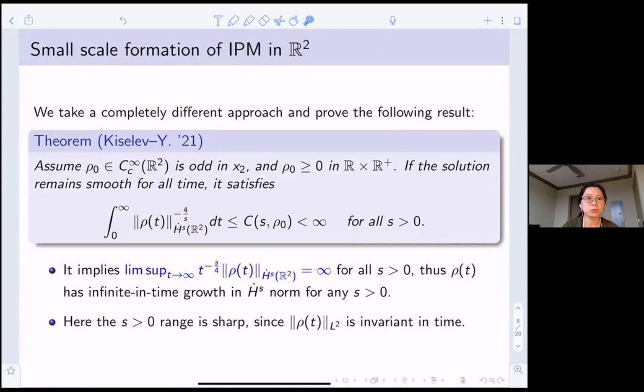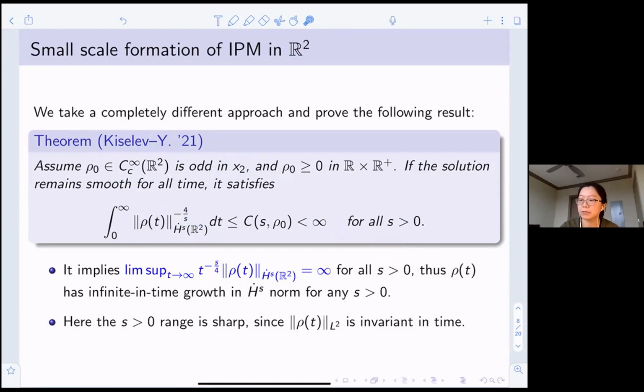So in R2, say we have compactly supported initial data that is odd in the x2 variable, and in the upper half plane we set it to be non-negative. Then we prove that as long as the solution remains smooth for all time, a certain inverse power of the H^s norm will have a finite integral for all s bigger than 0.